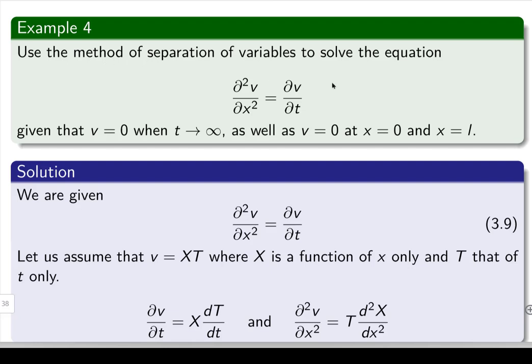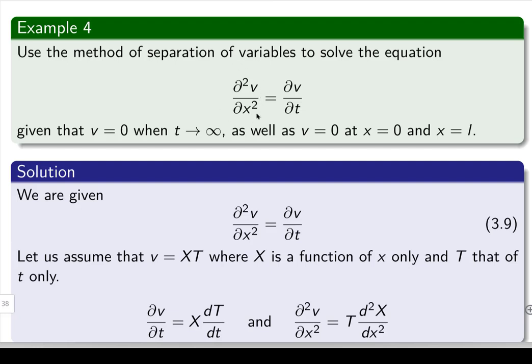Use the method of separation of variables to solve this equation. If you look at this, it has two things: it is of second order in x and of order 1 in t. We are given some conditions: v is 0 when x is approaching infinity, as well as v equal to 0 at x equal to 0 and x equal to L. So we want to solve this partial differential equation.